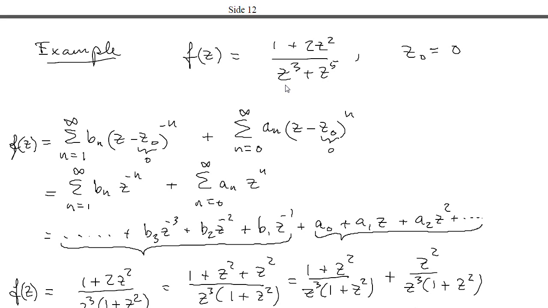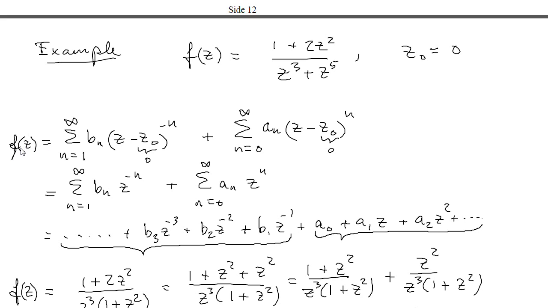So for example, we know that the function is analytic inside the circle with radius equal to 1 and center at 0. So let's try to find the Laurent series in this region around this point, z0 equal to 0.